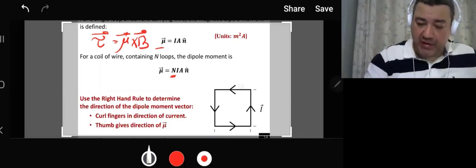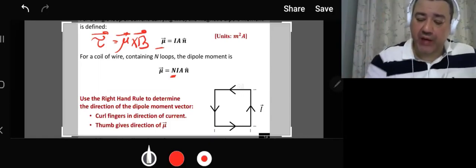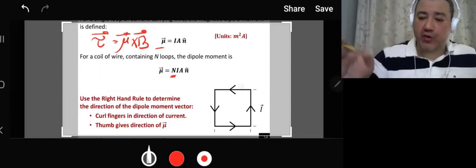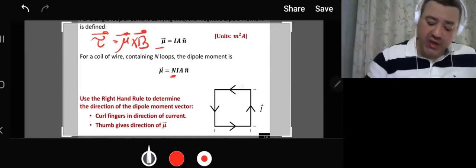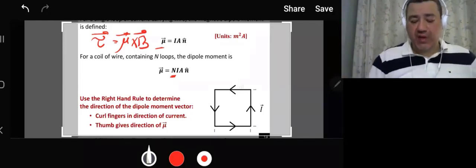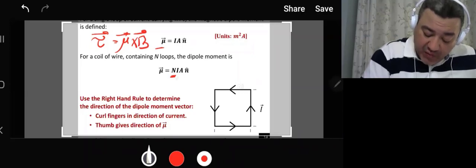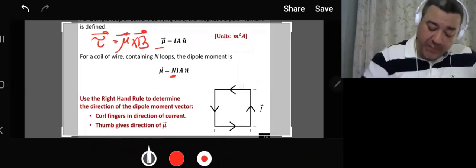So if I have a current going from only one loop and I have another coil that is made of several loops, the equivalency for the second one is basically multiplying this IA with the number of the loops in that coil.